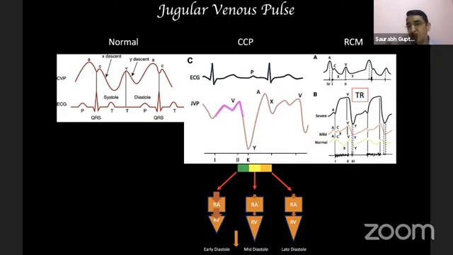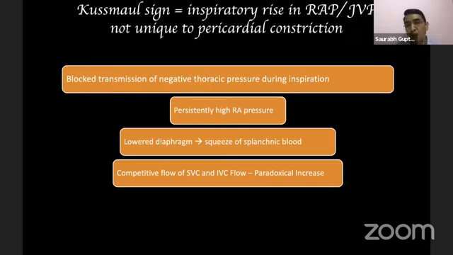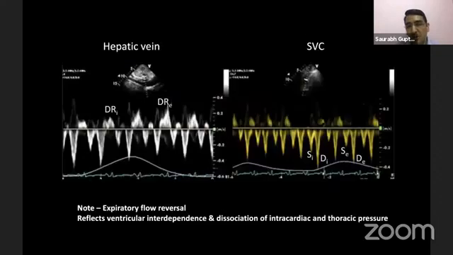So Kussmaul sign is positive in both restrictive as well as constrictive physiology. Reasons are different. In one, it is the myocardium which is stopping. In the other, it is the pericardial volume which is stopping the blood to flow. There are various theories given for Kussmaul sign. Those who are interested can read about that, but the important thing is that it is common in both conditions.